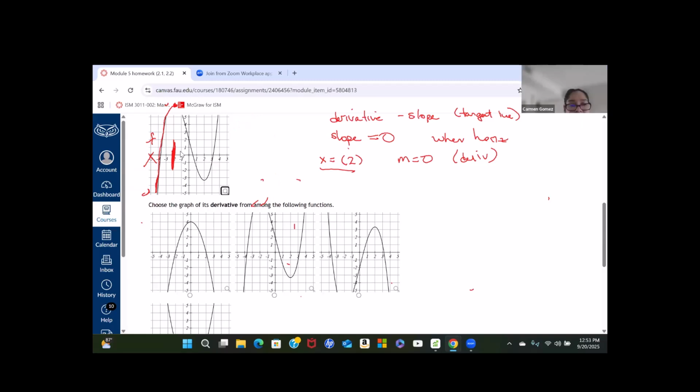Yes. When x is less than -2, the slope of the curve is always what? Positive. Do you see that? Yes.